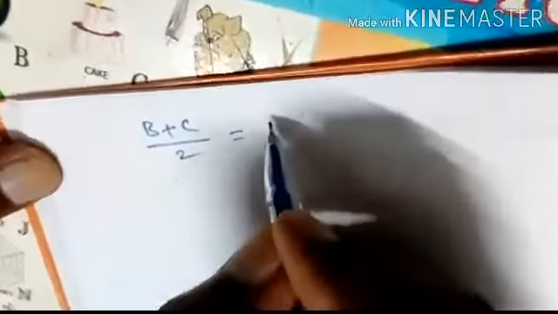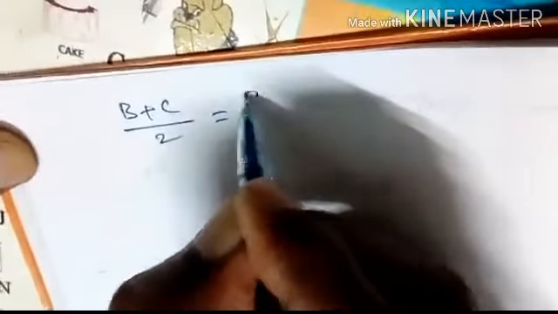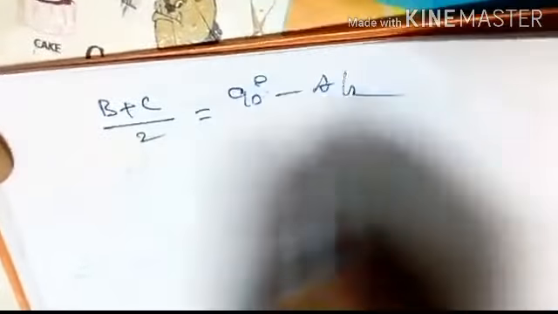So (B plus C) by 2 is equal to 90 minus A by 2.